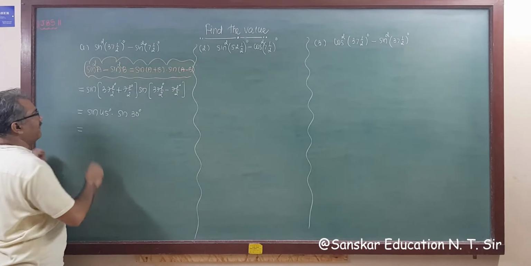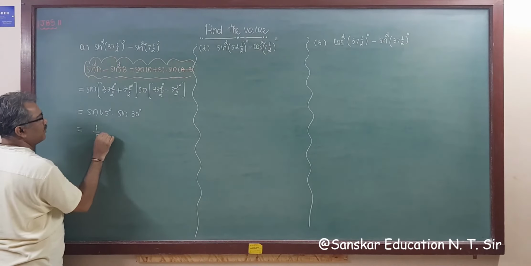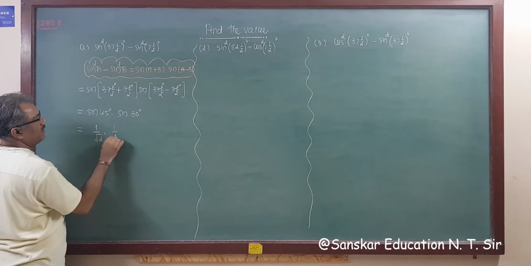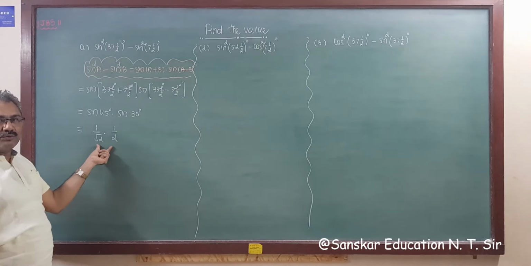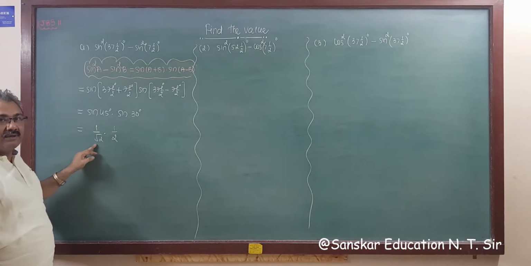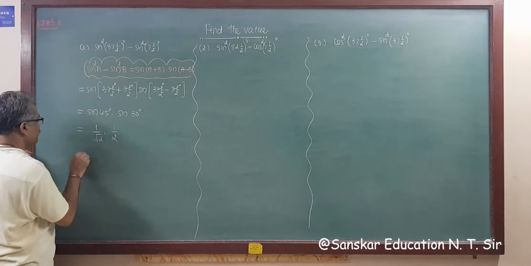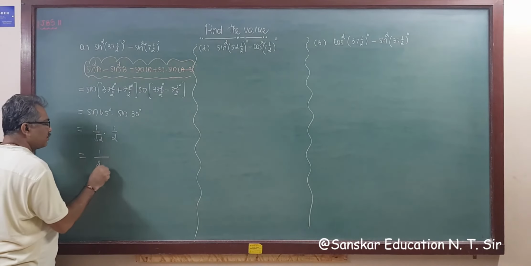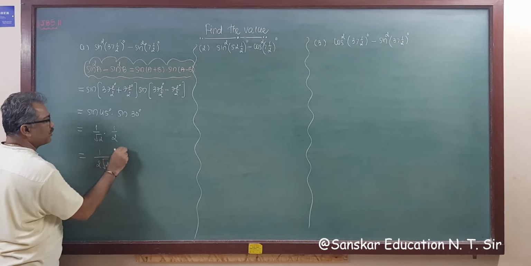Now sin 45 is 1 upon root 2, and sin 30 is 1 upon 2. So this is your answer, 1 upon 2 root 2. But never keep root 2 in the denominator, so always you have to rationalize. Rationalizing 1 upon 2 root 2 means divide and multiply by root 2.